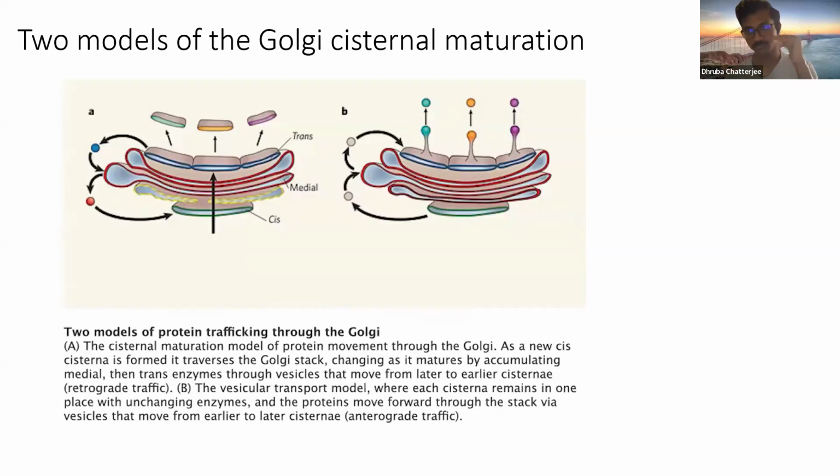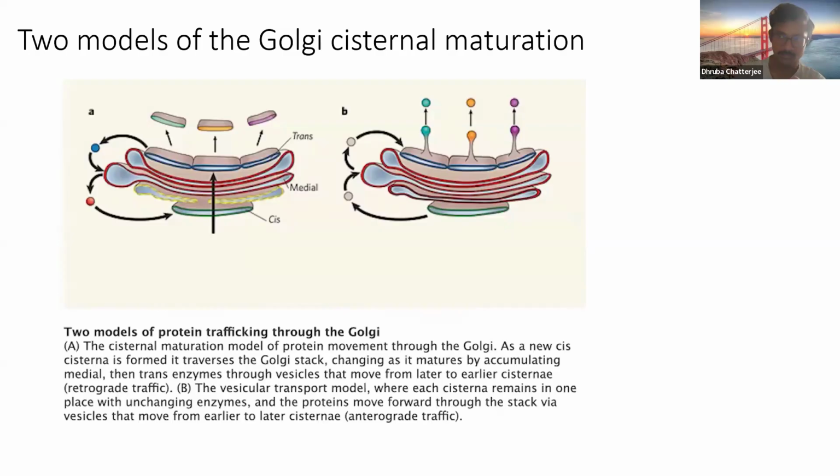The protein cargos as well as the lipids are continuously moving from one Golgi cisterna to the next, right? And that's how they move from the cis Golgi to the medial Golgi to the trans Golgi, so that they can encounter the respective enzymes and environments for proper folding as well as post-translational modification, and their eventual trafficking and sorting to the respective cellular compartment.